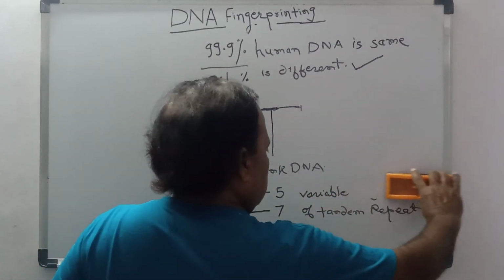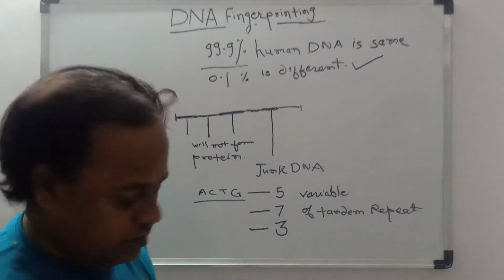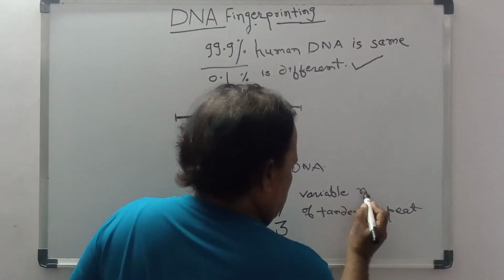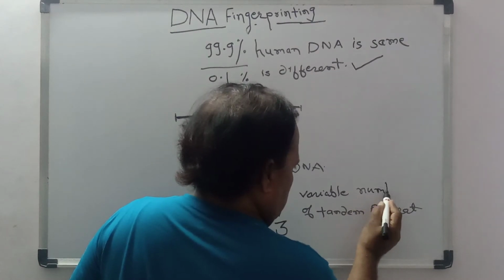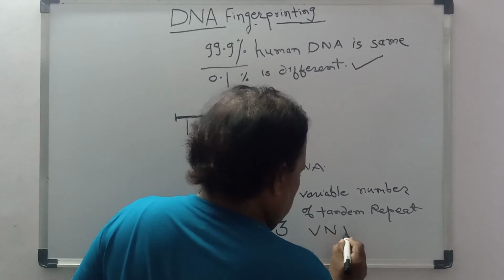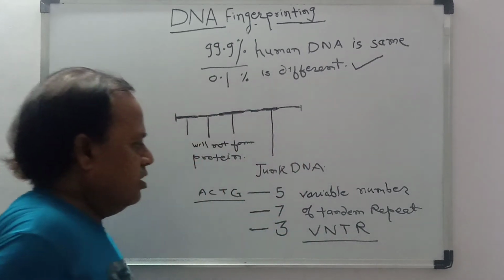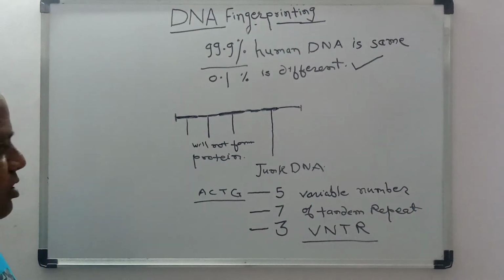Variable number of tandem repeat, or VNTR.